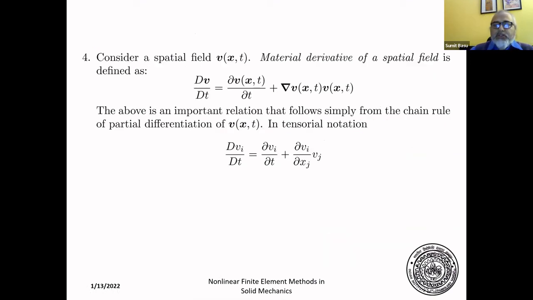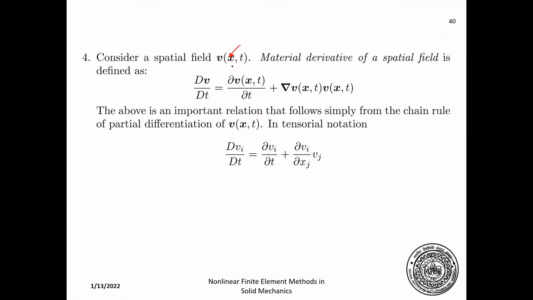Also, when you want to take time derivatives of a spatial field, you might have learned about the total derivative. The total derivative is necessary because when you take the time derivative of, let's say, the velocity field, this quantity is also a function of time. So small x is also a function of time.